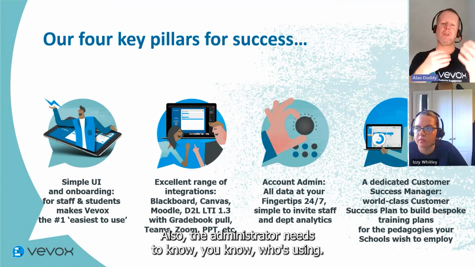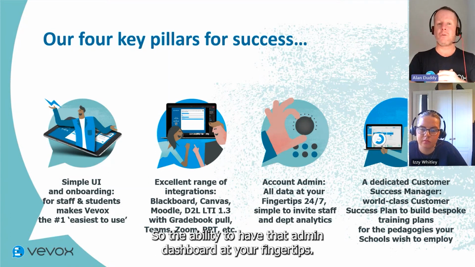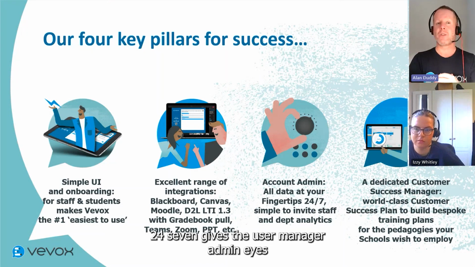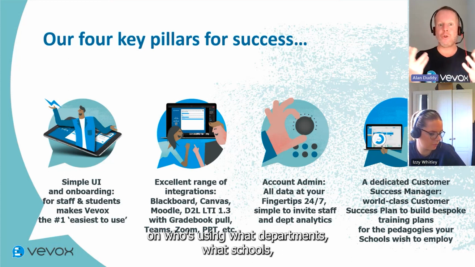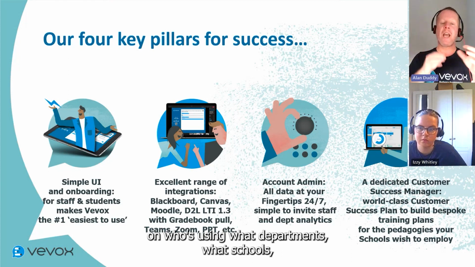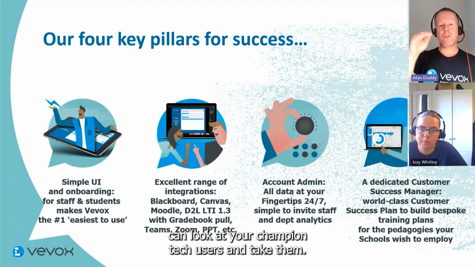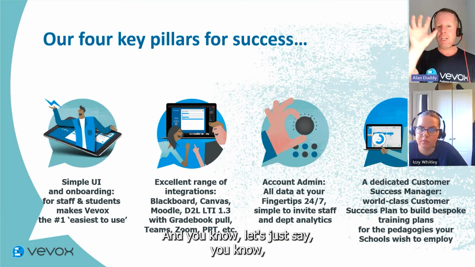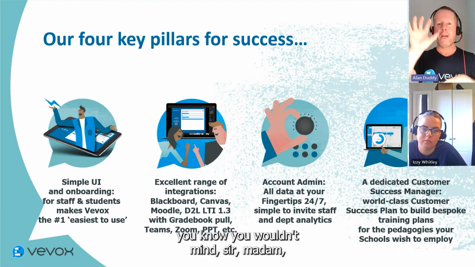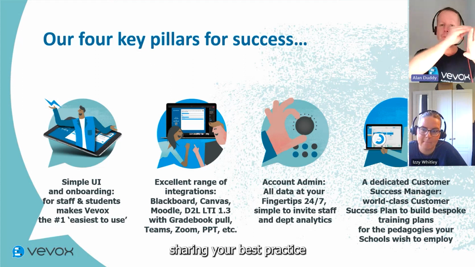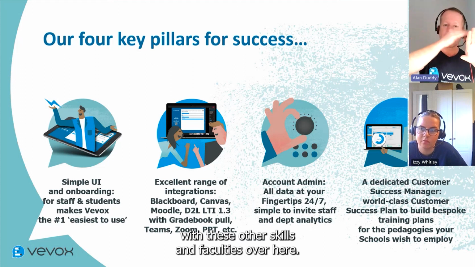Also, the administrator needs to know who's using. So the ability to have that admin dashboard at your fingertips 24/7 gives the user manager or admin eyes on who's using what, which departments, which schools. And where this is important is that you can look at your champion tech users and take them and, let's just say, ask whether they wouldn't mind sharing their best practice with these other schools and faculties over here.